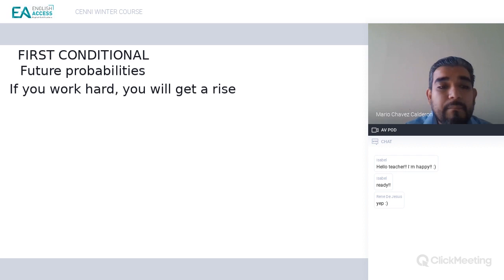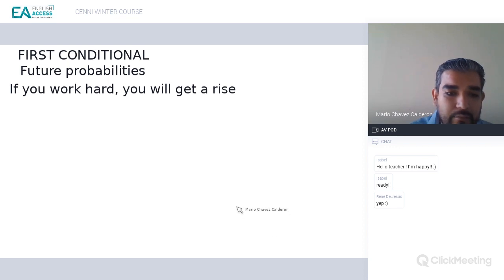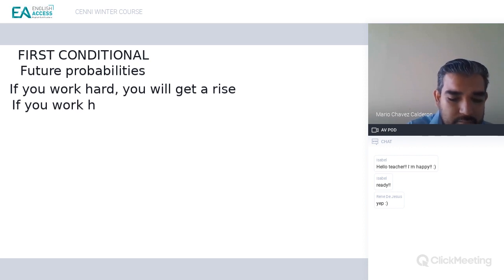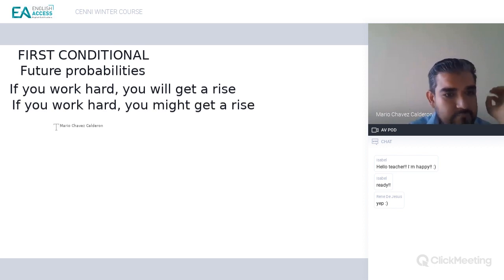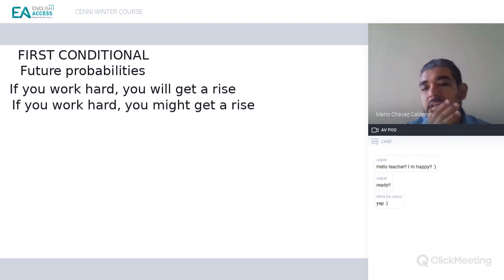Okay. It can be with will or it can be with might. For example, if you make it with might, it would be like this. If you work hard, you might get a rise. It's the same idea. There's nothing different.